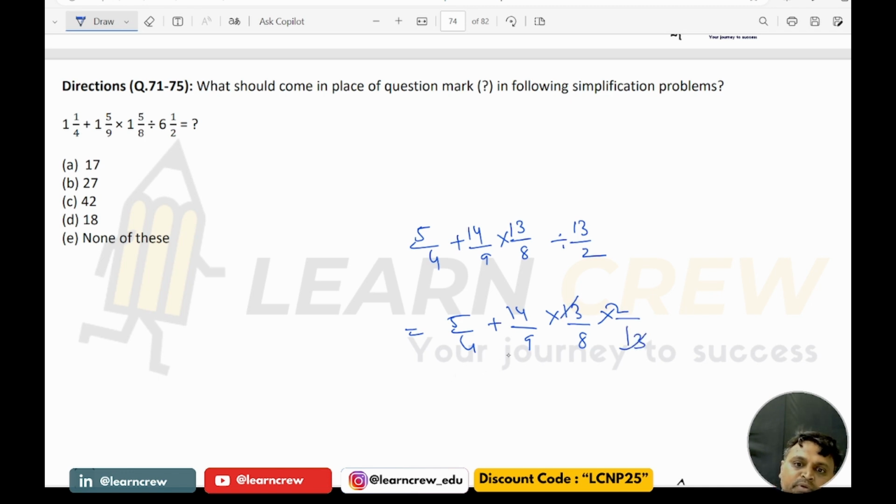So I am going to have 5 by 4 plus 7 by 18. 18 and 4, the LCM is 36. So 9 5s are 45, 7 2s are 14. 45 plus 14 is 59. 59 by 36. So answer is none of these. Next.